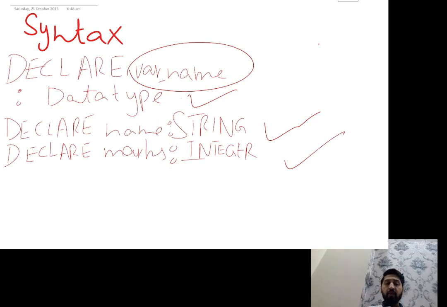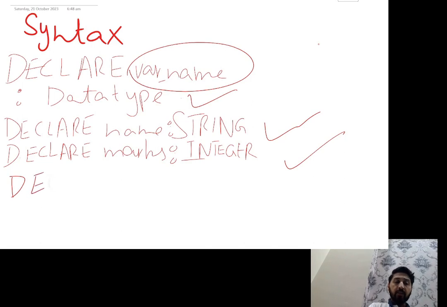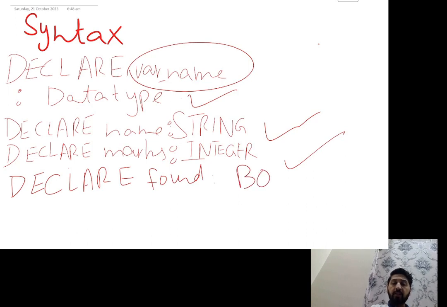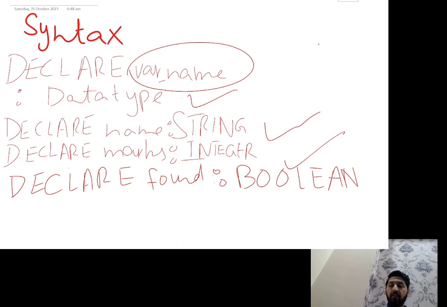In the same way, if I want to declare some Boolean variable, I can add over here declare found, let's say found is the name of the variable, and then I can specify it as Boolean. Here you would be observing that the keyword declare as well as the data type, both things are written in uppercase.